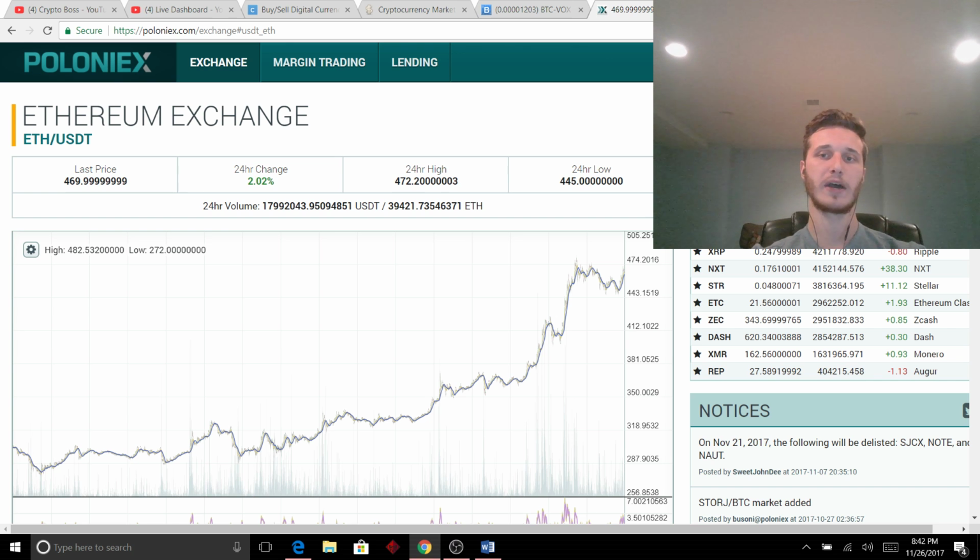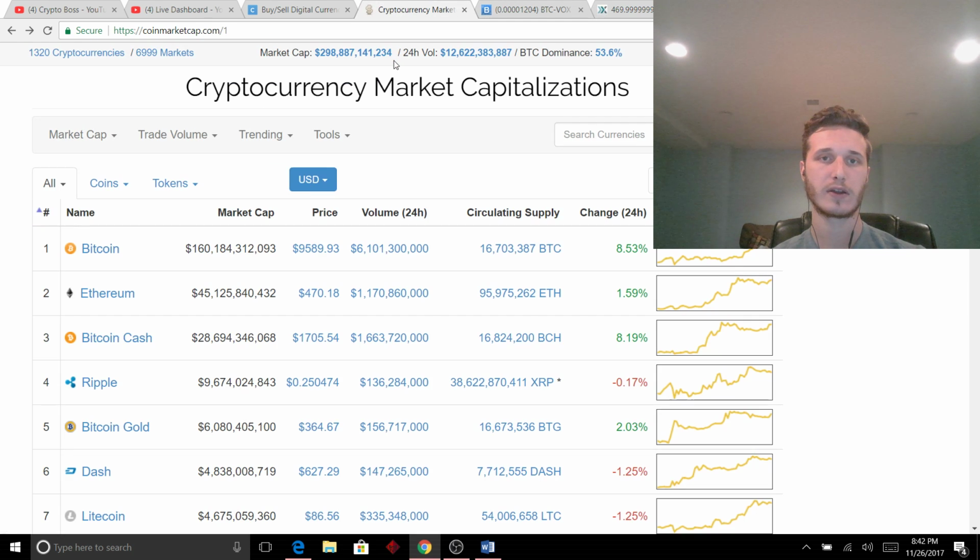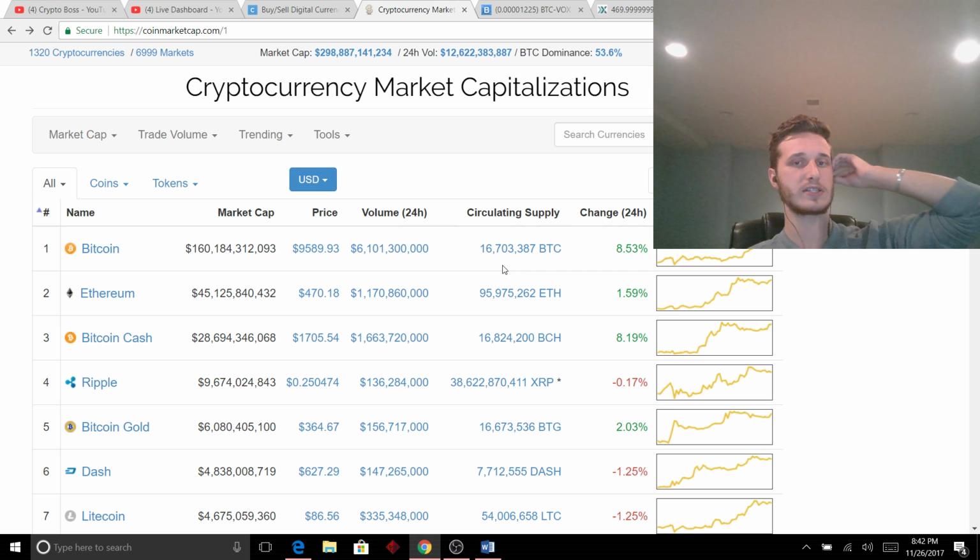And for now, they are mining more Bitcoin. I think they're at almost 17 million. If I go to CoinMarketCap, I can see that there's 16.7 million, the most that will ever exist. There are people with computers running mining programs that are mining Bitcoin, but it gets harder and harder as time goes on.